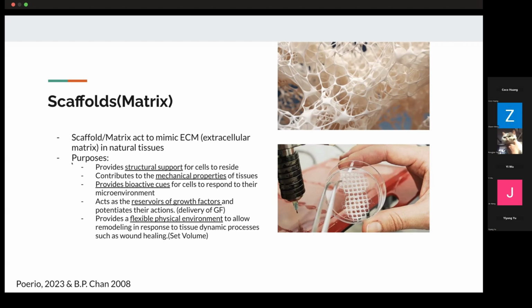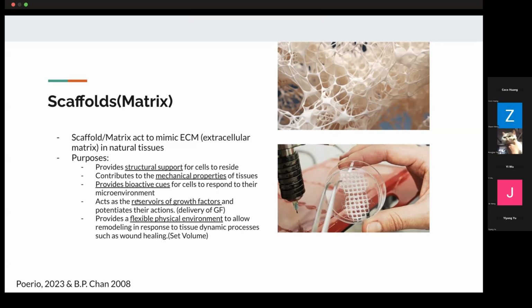And to suit these demands of the ECM, scaffolds are supposed to provide the same functions as the extracellular matrices.